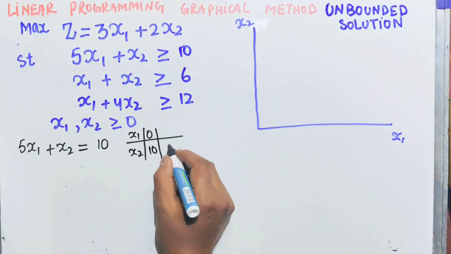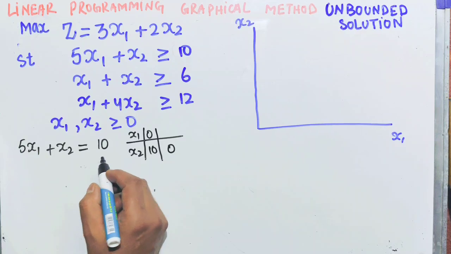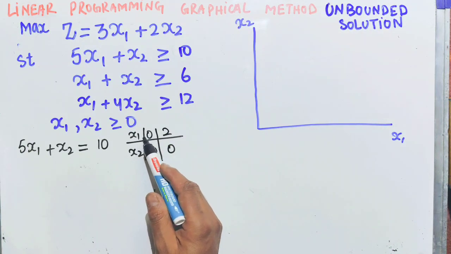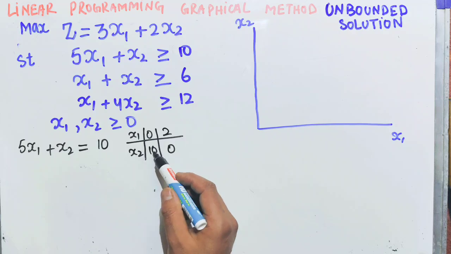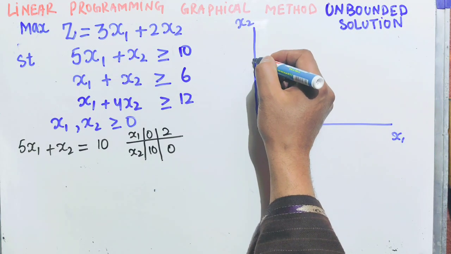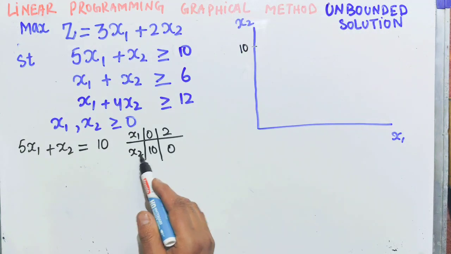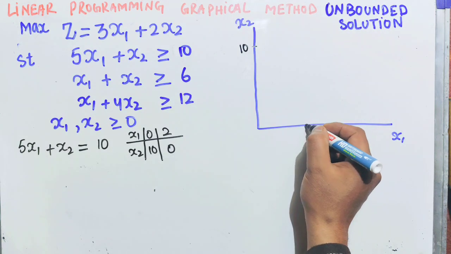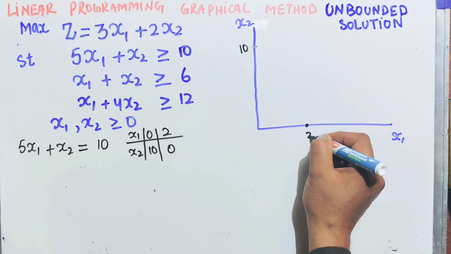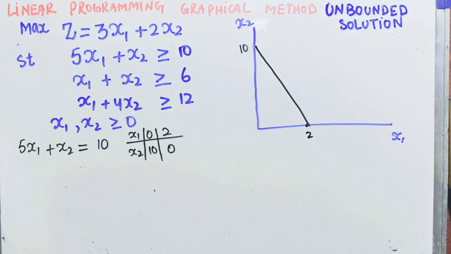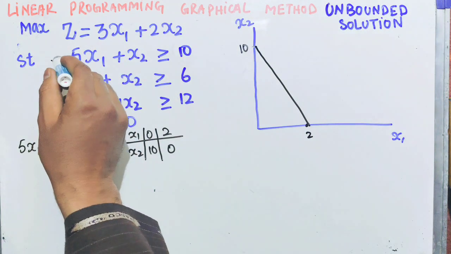When x2 is equal to 0, x1 will be 10 upon 5, which is 2. Let us say this point denotes 10, and when x2 is equal to 0, x1 is 2. Let us say this point is 2. This is for the first line.